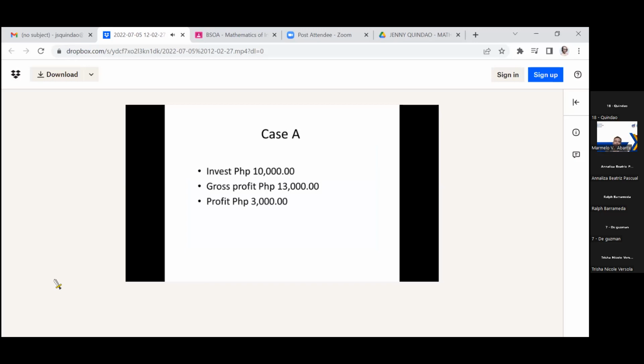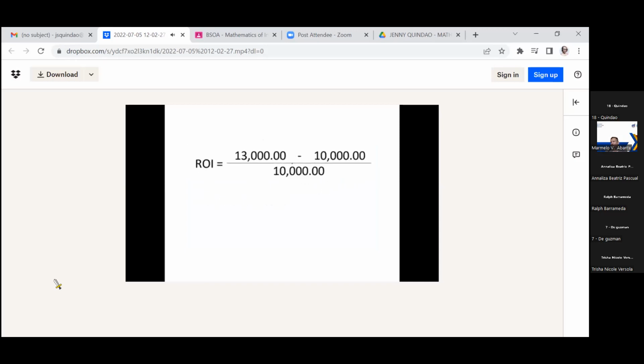To compute the return on investment, or the ROI: ROI equals gross profit of 13,000 pesos minus investment cost of 10,000 pesos. You will get a profit of 3,000 pesos, then divided by the investment cost of 10,000 pesos. Your ROI will be 0.30 or 30%.